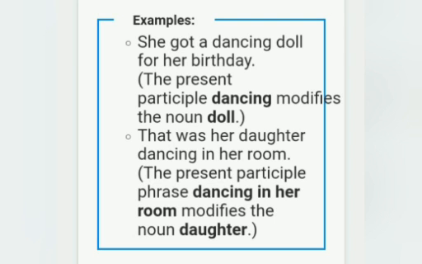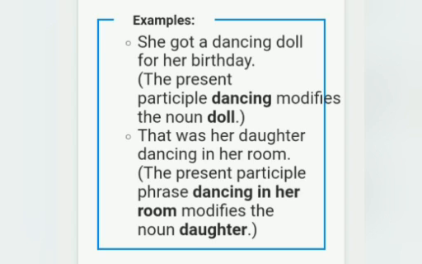Take for example, she got a dancing doll for her birthday. Now in this sentence, dancing is your present participle and this present participle is modifying the noun doll.